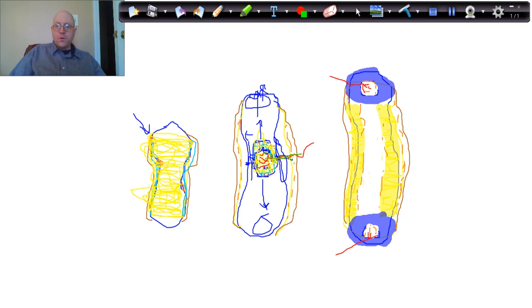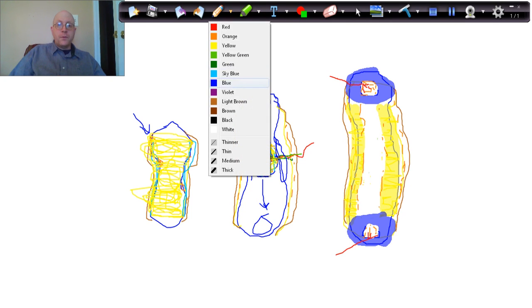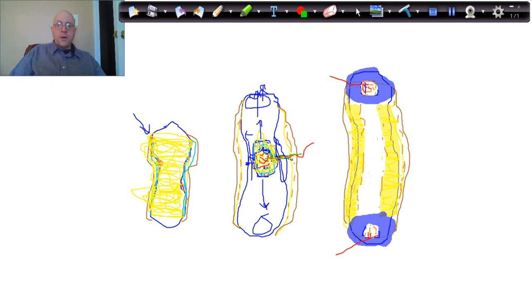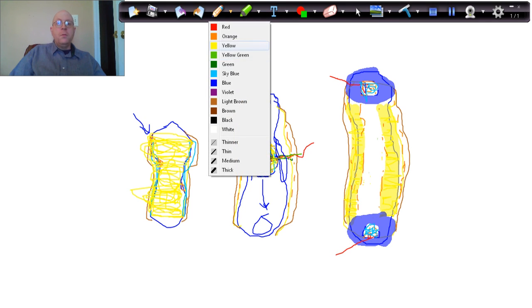They will transform into osteoblasts. Osteoblasts will then form osteoid tissue. Osteoid tissue, oops, wrong color. Osteoid tissue in light blue will then eventually calcify in these areas and become what kind of bone? More spongy bone.